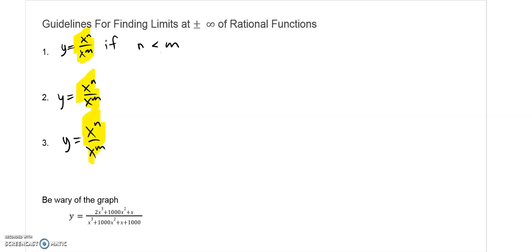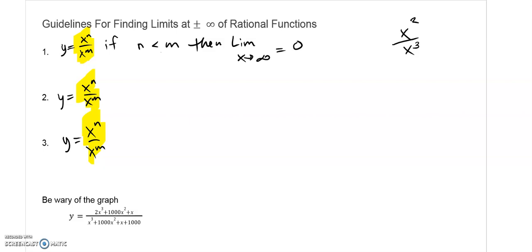Case number one is, what if the exponent in your numerator is smaller than the exponent in your denominator? For example, if you have x to the second over x to the third, then the limit as x approaches infinity is going to be 0.